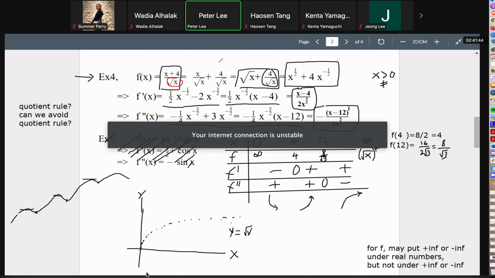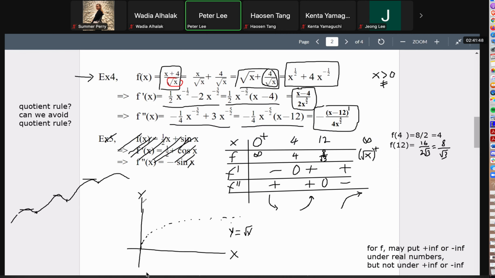So how is that curve going to be? Our curve is going to be like this. You can sketch it on your curve. And then it's going to come down here, and then this curve right here is going to go like this.